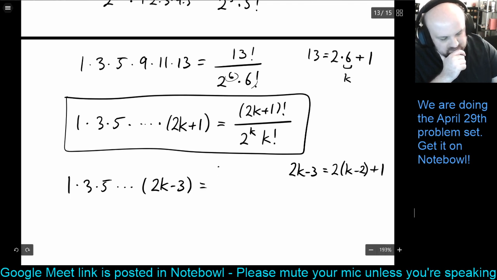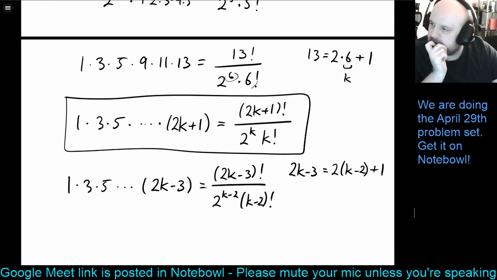So this is 2k minus 3 factorial over 2 to the k minus 2, k minus 2 factorial. Is that right? Yeah, that looks good.